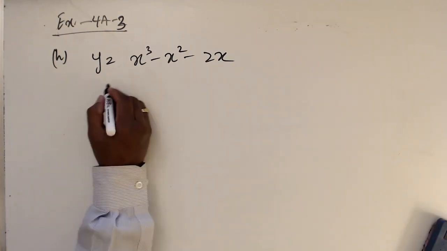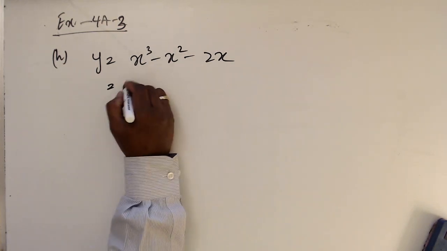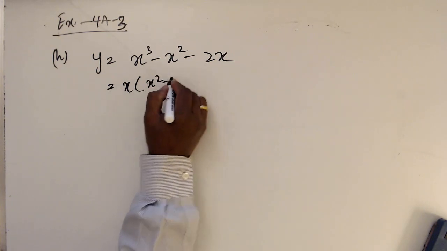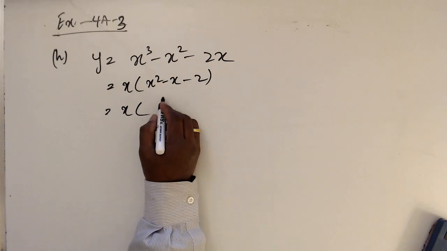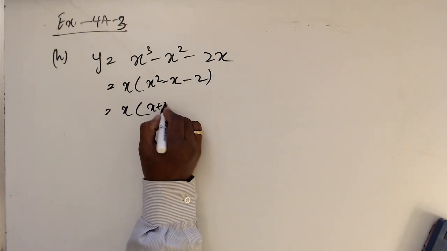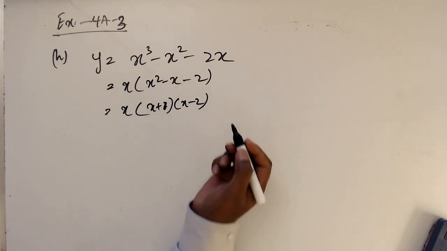Curve H. I can see x is common, so I can take x out, leaving x² − x − 2. Then you can factorise this one: (x + 1)(x − 2).